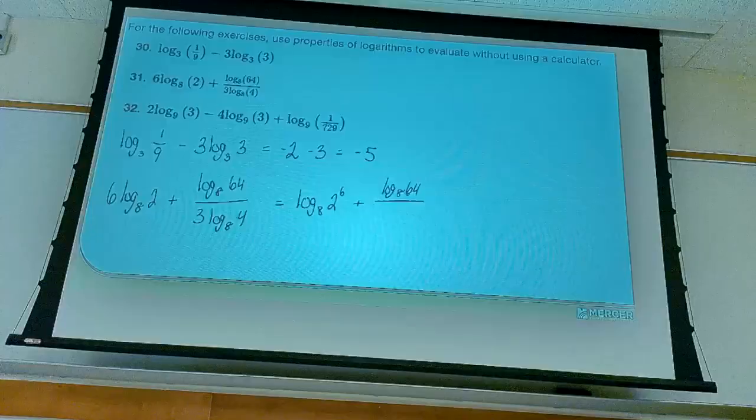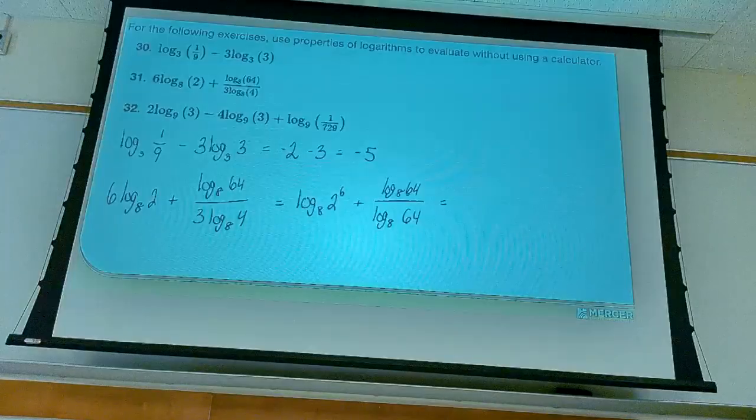What is 4 cubed? 64. Look at that. That's just 1, isn't it? So this term here is just 1.